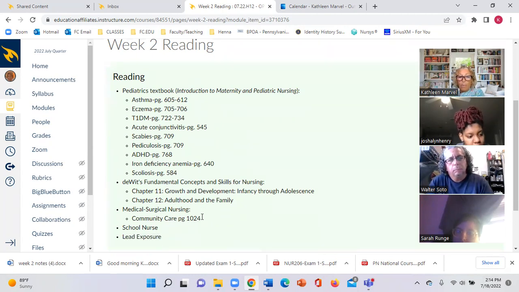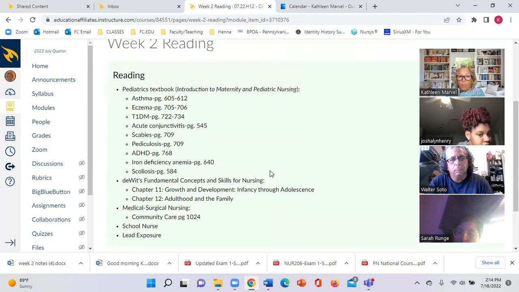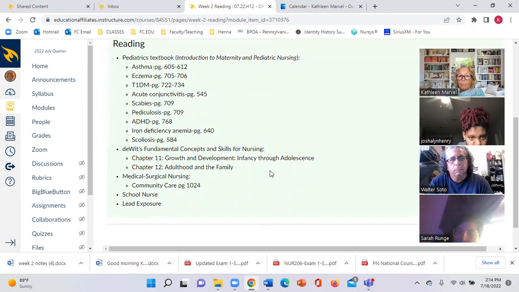Okay, and in the med surg, you just have 1 page. Okay. So these are the things we're going to cover today. Okay, we're going to cover some asthma, eczema, type 1 diabetes, conjunctivitis, scabies, pediculosis, ADHD, iron deficiency, anemia, scoliosis. And these are all the pages that information is found on.